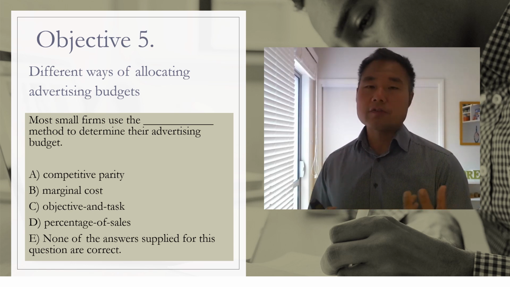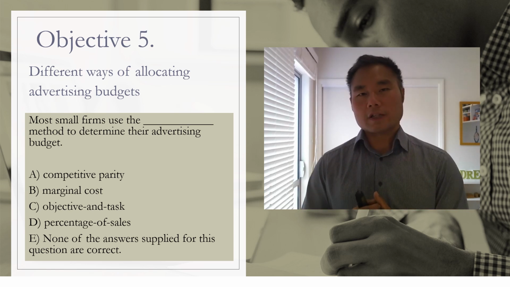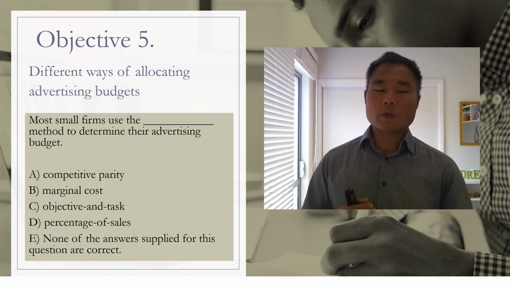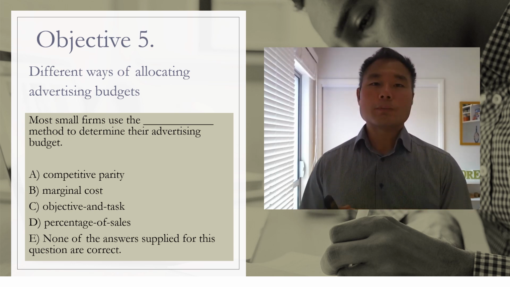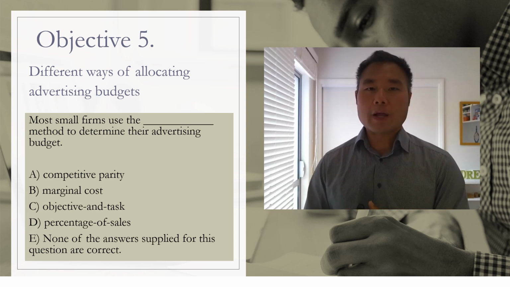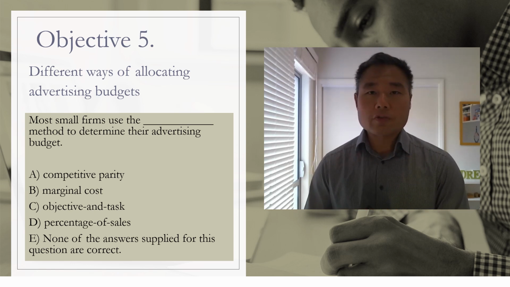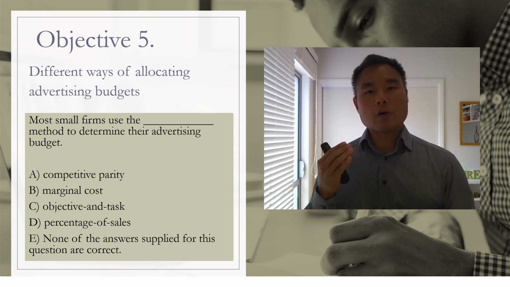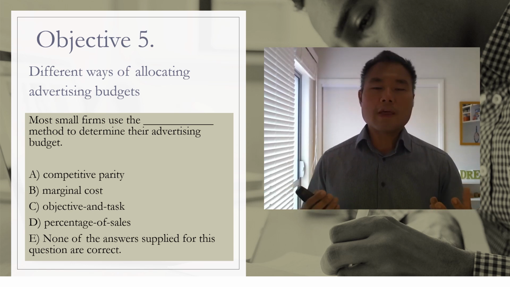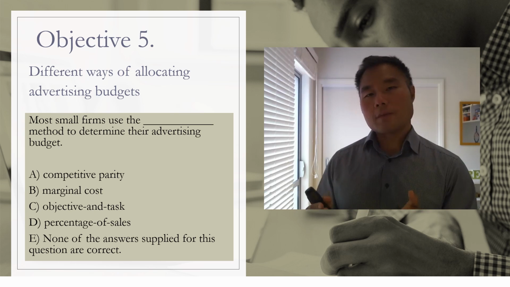So the objective and task method of budget allocation then really breaks down the objectives, such as increasing brand awareness from 20 to 40%, and then figuring out the tasks that you actually need to implement to raise the level of brand awareness from 20 to 40%, and then tries to figure out how much it will cost to do that based on the media you will spend, based on the creative input that you might need to invest, and a whole number of other tools that will need to be implemented in order to achieve those objectives, and then you spend the budget according to that.